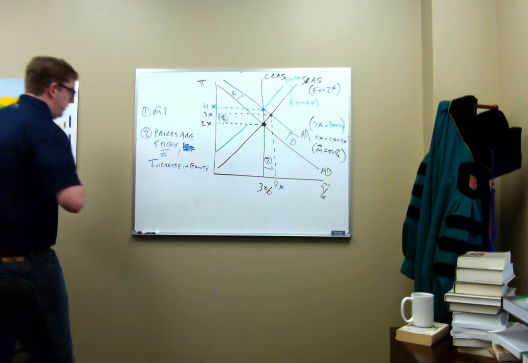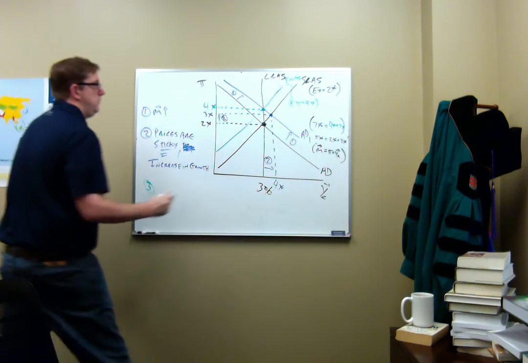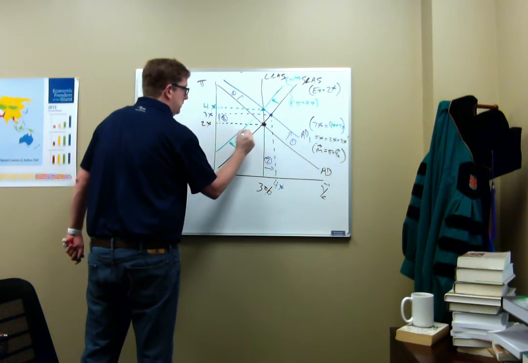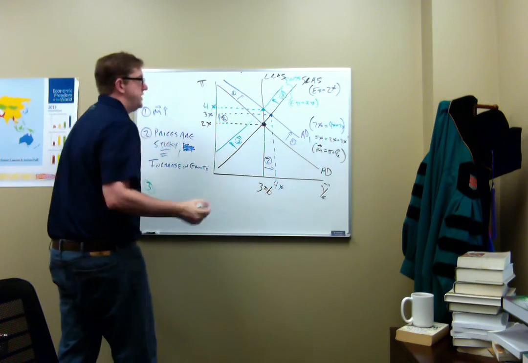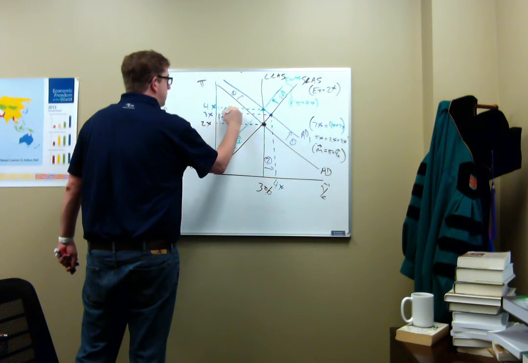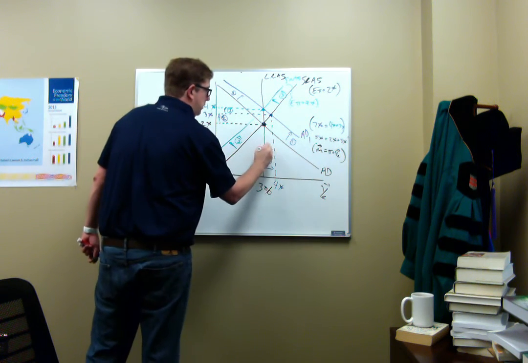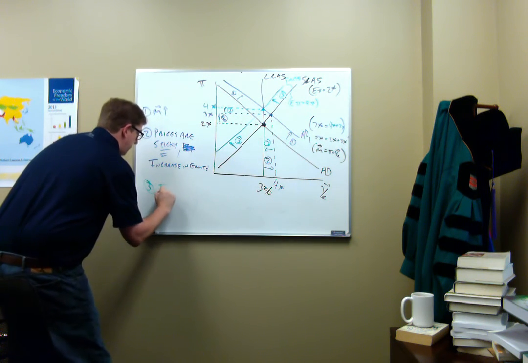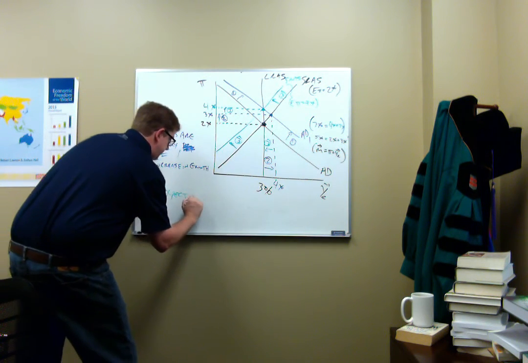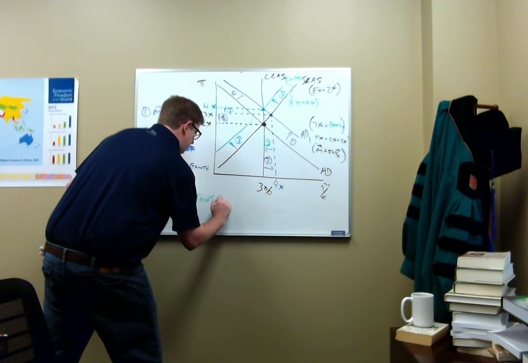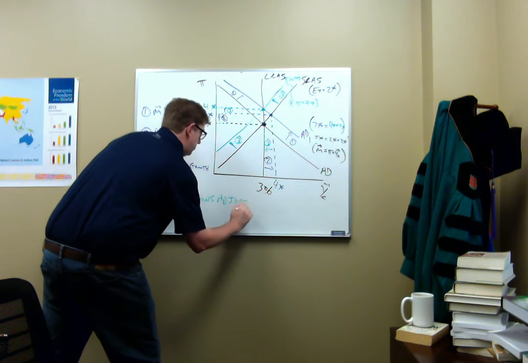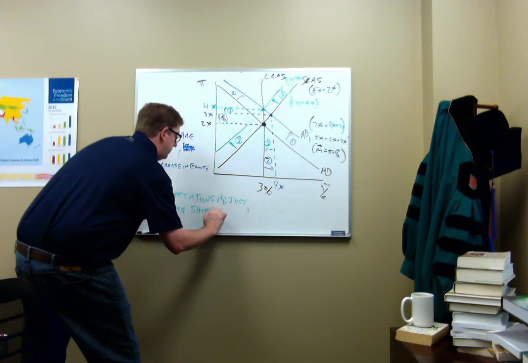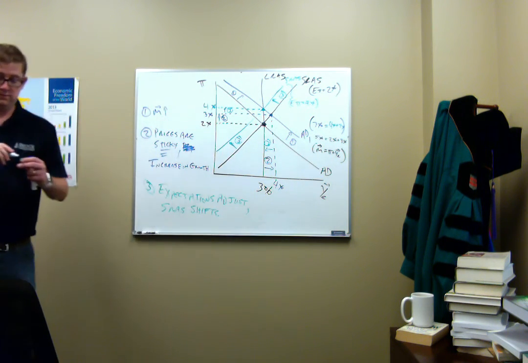Over time, however, people adjust their expectations. Expectations adjust, and the short-run aggregate supply curve shifts.